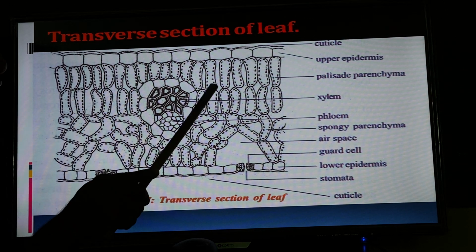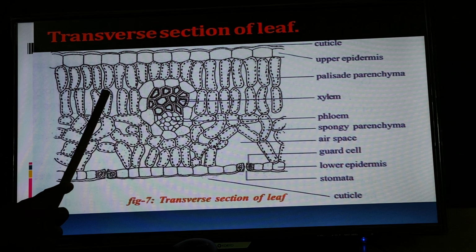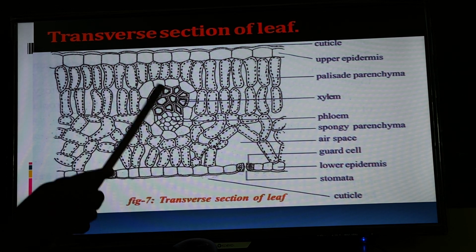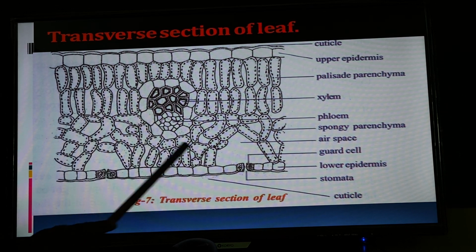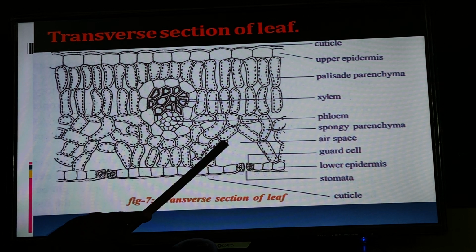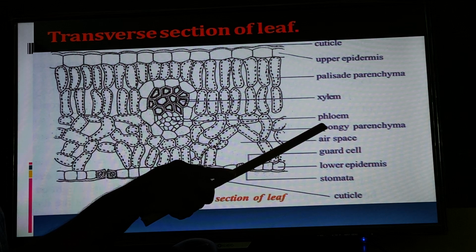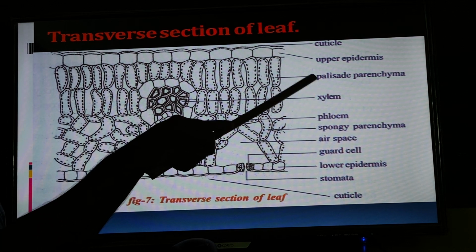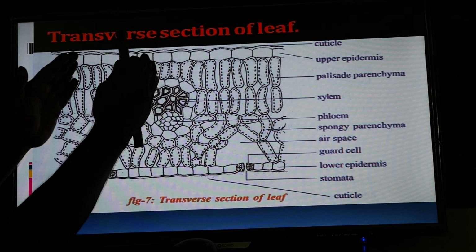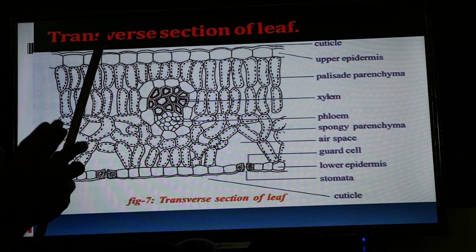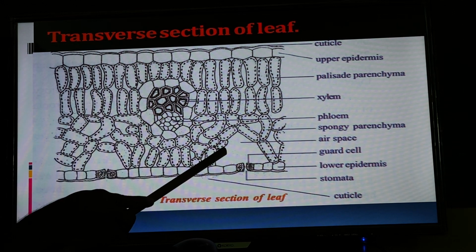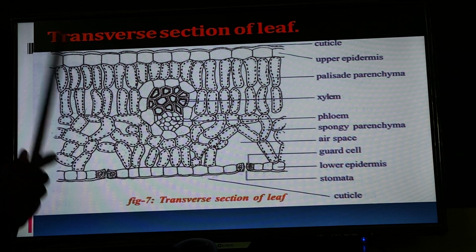Here cells are tightly packed. There are no air spaces between two cells. Here we can find some spaces. That is another difference between palisade parenchyma and spongy parenchyma. In palisade parenchyma cells are tightly packed, here loosely packed. No air spaces there, several air spaces here.